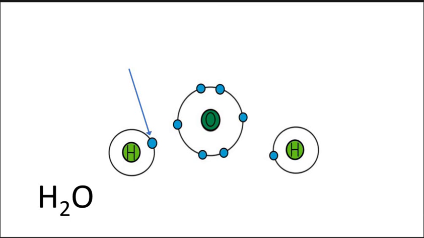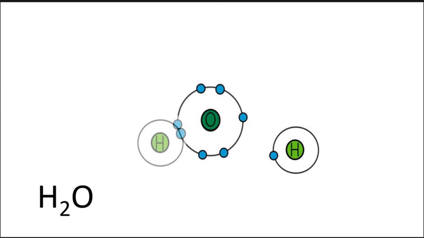So, what you do is you look and you say, okay, this one needs more. That electron right there is not paired with another electron. So you actually can move the hydrogen over and have both of these electrons right here be shared both by the oxygen and by the hydrogen.